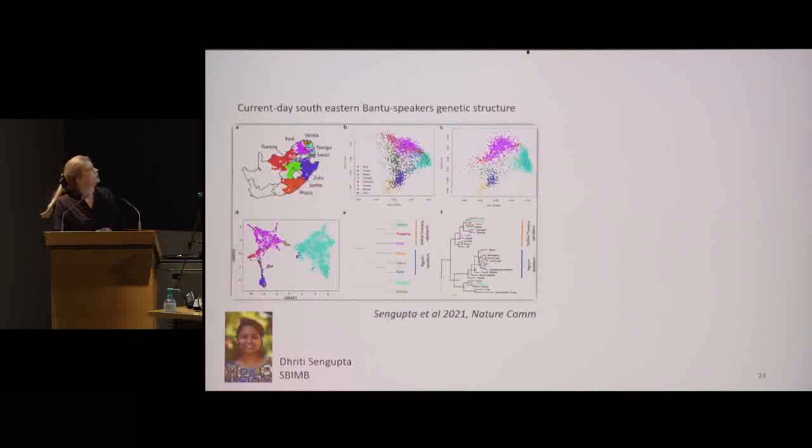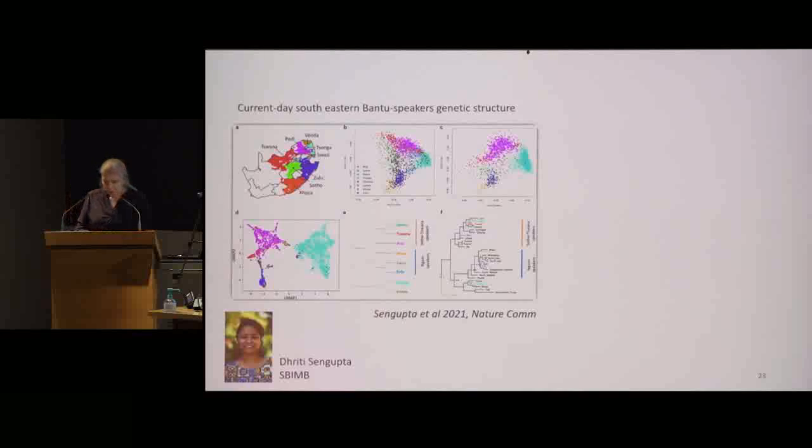So here again is genetic variation in 2 dimensions. We could see that there is significant population structure in South African Bantu speakers, and that it correlates quite closely to both linguistics and geography. These colored regions here are the language majority areas for the different Bantu-speaking groups. And you can see that it correlates quite closely with the genetics in 2 dimensions.